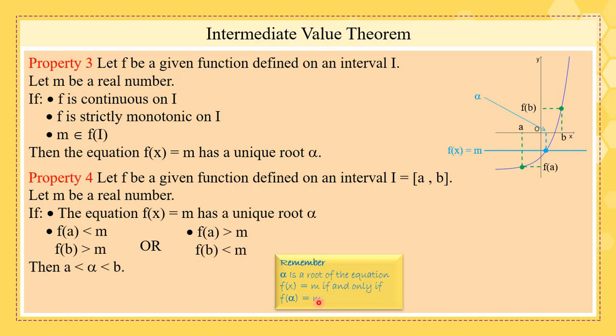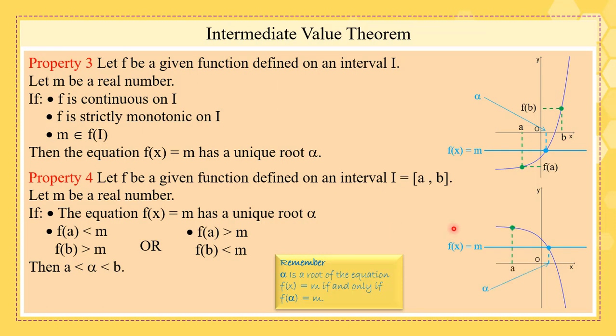Now, we're going to have another case. If f of a is greater than m or f of b is smaller than m, then we get the same result. And we're going also to see it graphically, and this is what happens, in fact, when the function is strictly decreasing. You see, again, this is f of x equals m, which cuts the curve in one point only. Now, this is alpha.